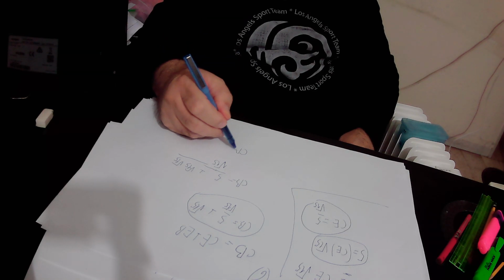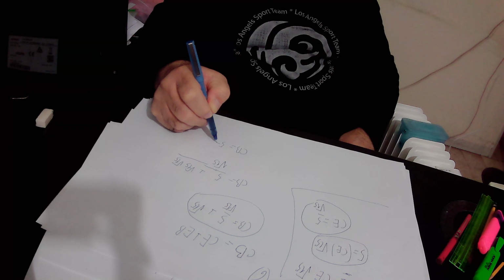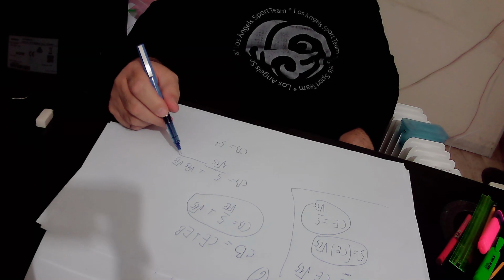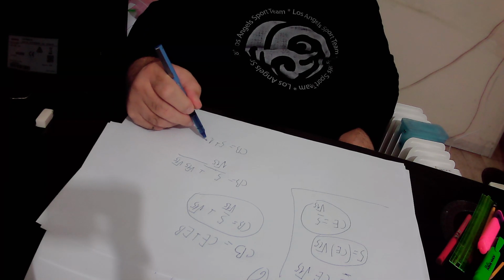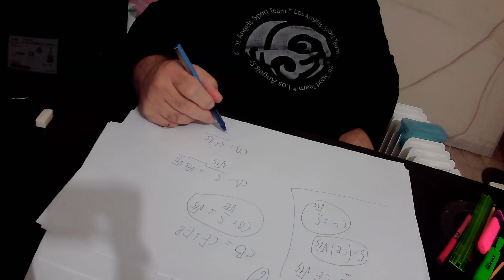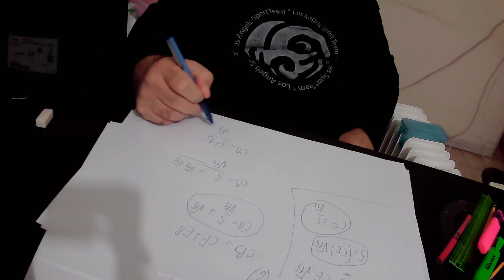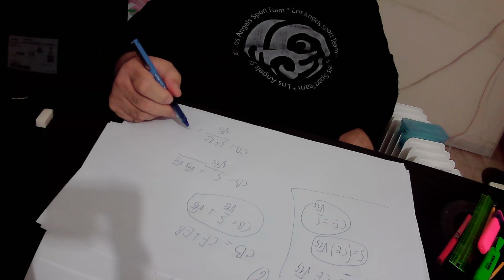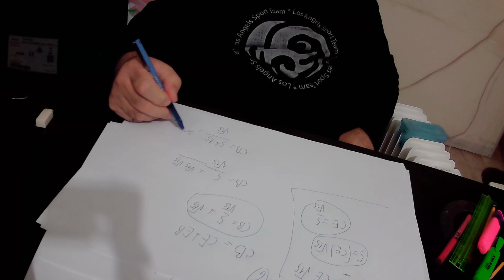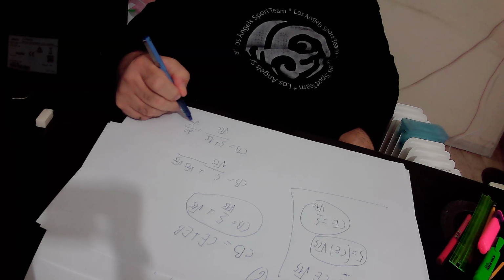That is to say, CB equals 5 plus square root of 15 times square root of 15, which is 15, over square root of 15. That is to say, CB equals 5 plus 15, which is 20, over square root of 15.